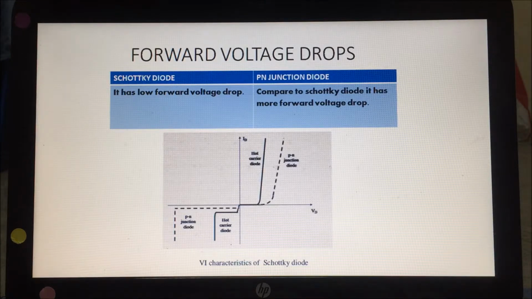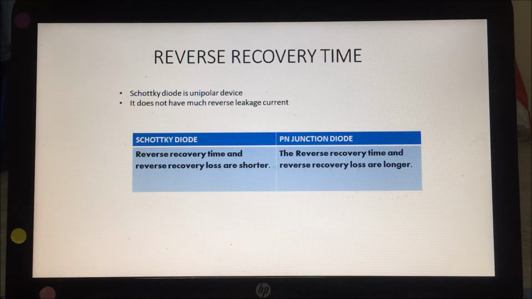Next is in terms of the reverse recovery time. Schottky diode has shorter reverse recovery time and reverse recovery loss as compared to the PN junction diode. This is because the Schottky diode is a unipolar device. This means that there is no hole movement in the opposite direction.